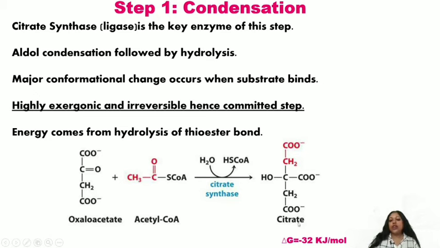The delta G of the reaction written below is minus 32 kilojoule per mole. If you remember the delta G of ATP hydrolysis, it is nearly minus 30.5 kilojoule per mole.